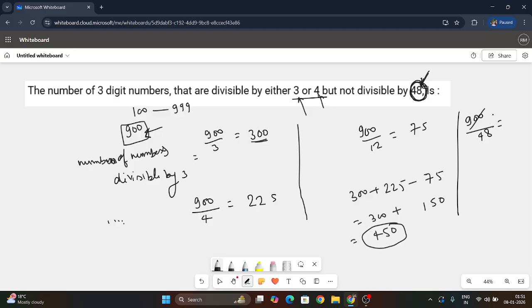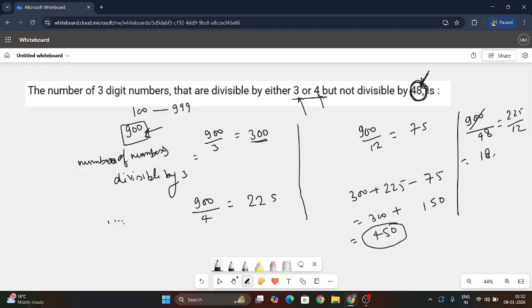Let's cancel it. Okay, let's see a simple calculation. 900 divided by 48 is going to be 18 point something.